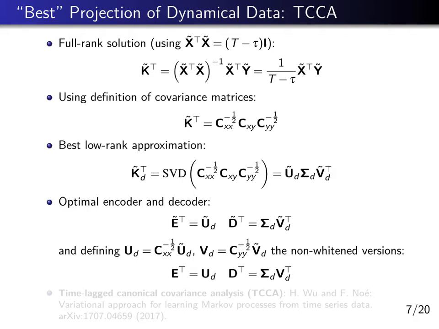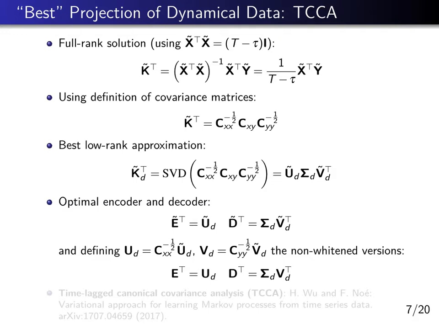Now there is some ambiguity in this. For example, I could put the sigma in the encoder instead of the decoder, or I could split it and put a half power of sigma in each of those. This is arbitrary, so on this slide we just have chosen one of the possible conventions.